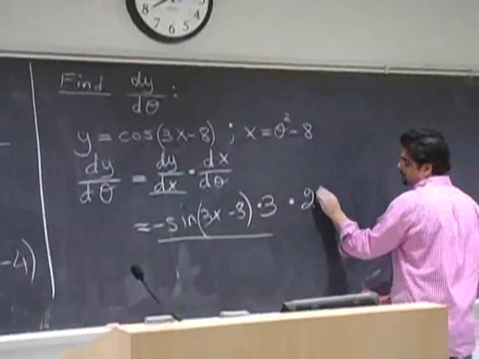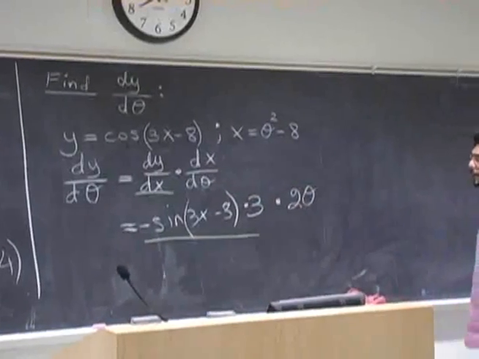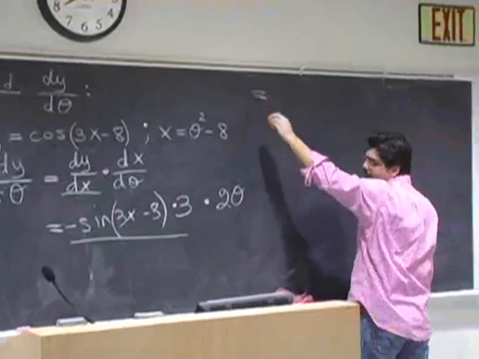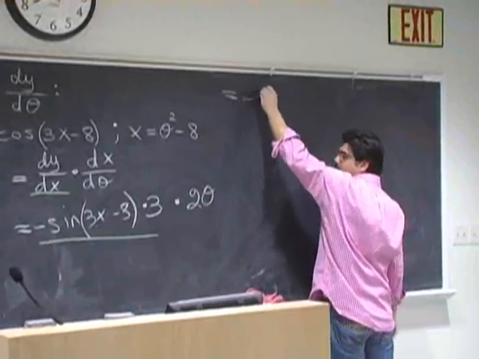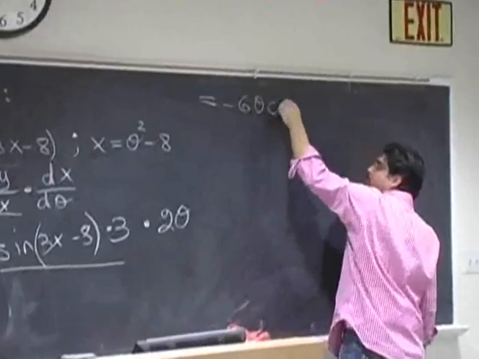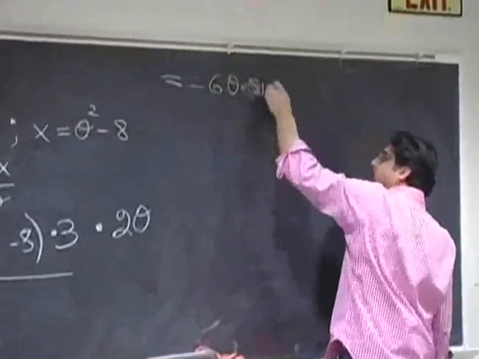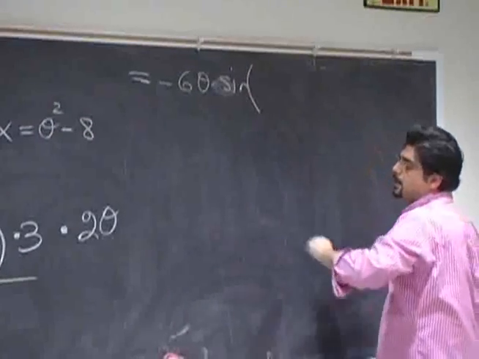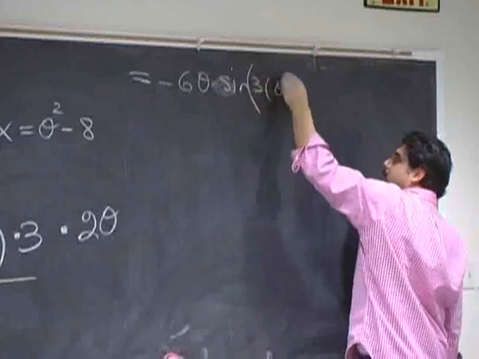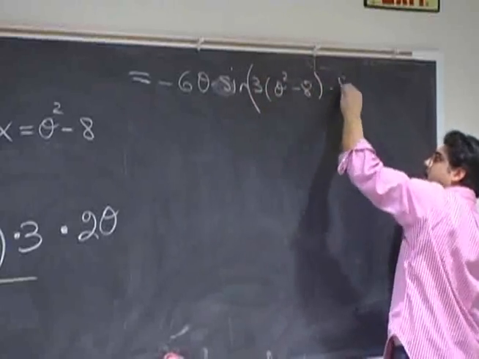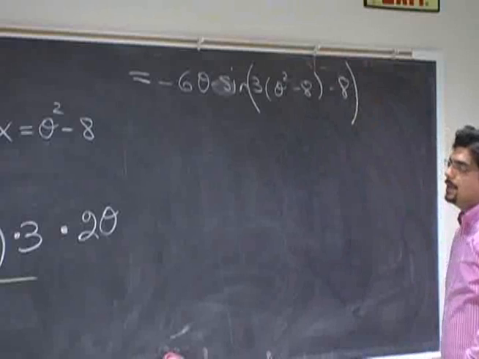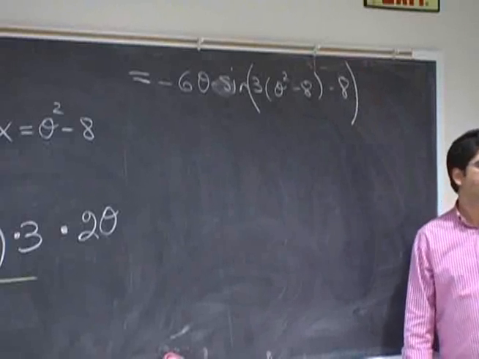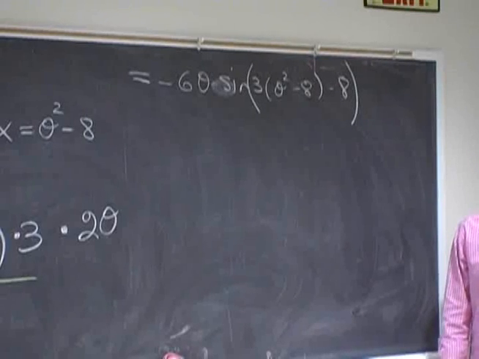That's 2 theta. Yes? Okay, now putting everything together with negative 6 theta sine of 3 times theta squared minus 8 minus 8. And that's dy d theta. Okay?